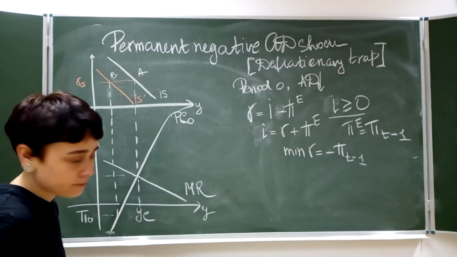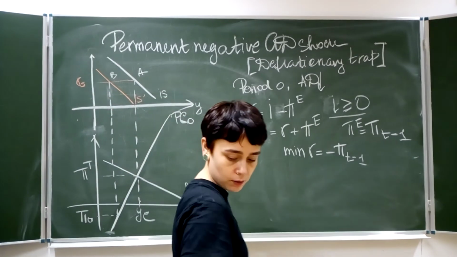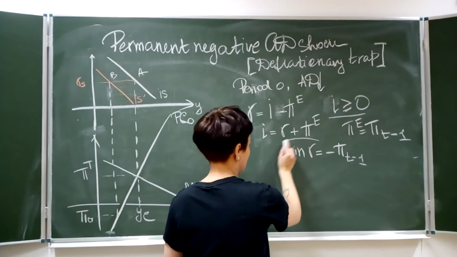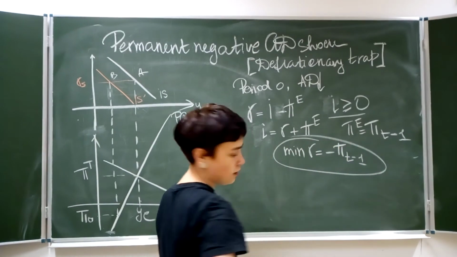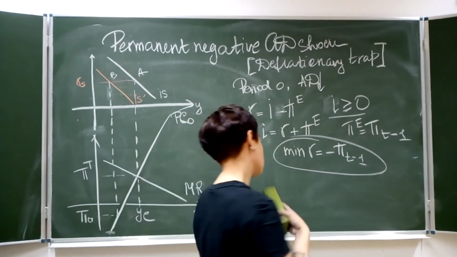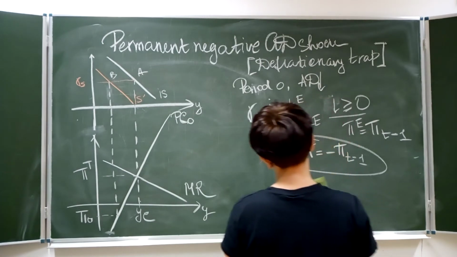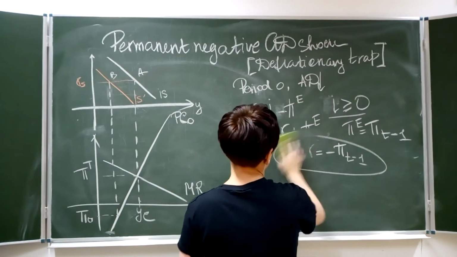You will get this idea in a second. So at this point, just keep in mind that the minimum possible value of the interest rate is the negative value of inflation in the previous period.